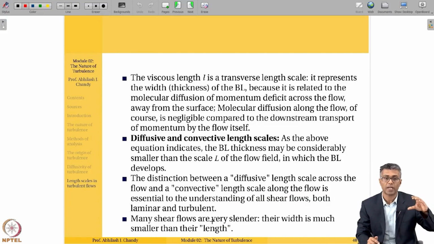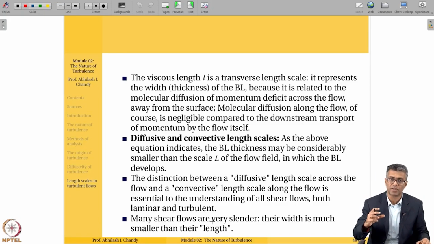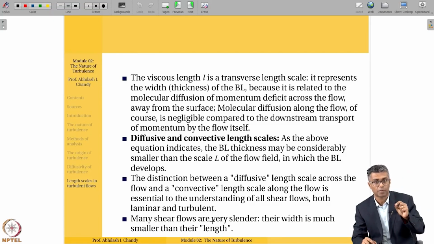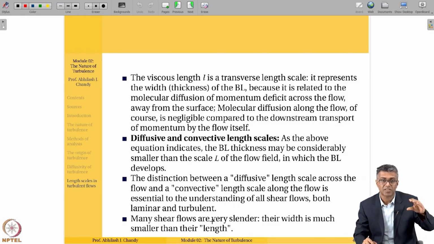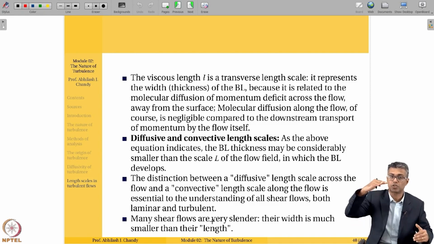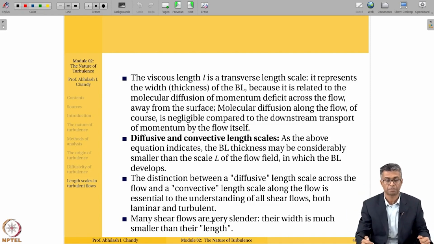Okay? In one way, it represents the thickness of the boundary layer or the width of the boundary layer because it is related to the molecular diffusion of momentum deficit across the flow. Think about that. This viscous length scale comes from the scales at which the viscous effects are more dominant, which is near the solid surface, near the plate.